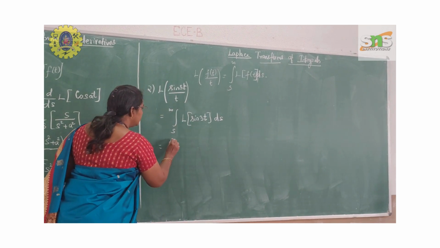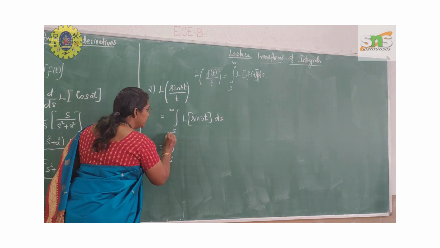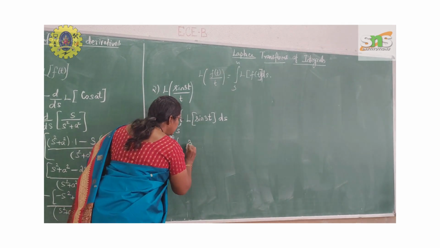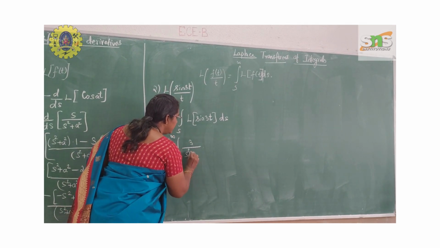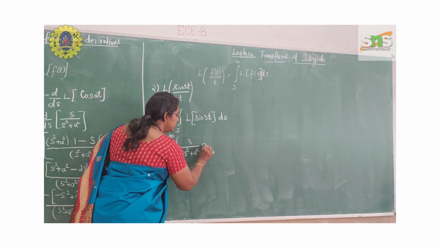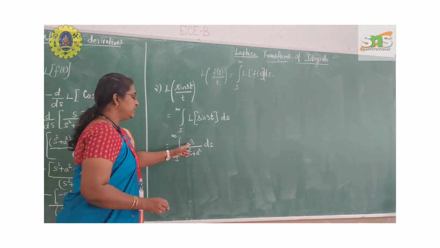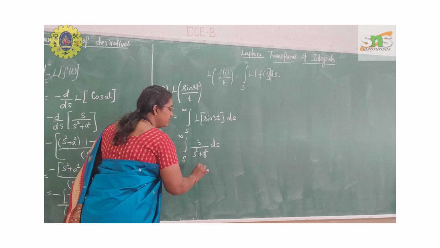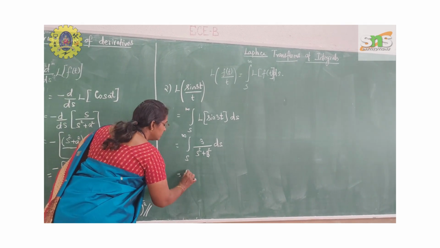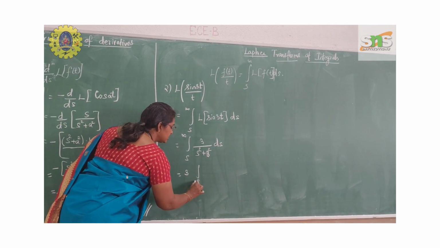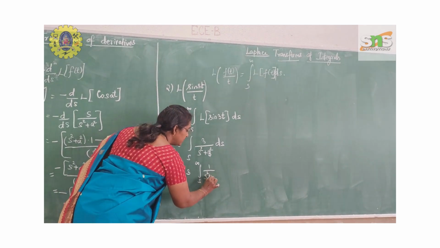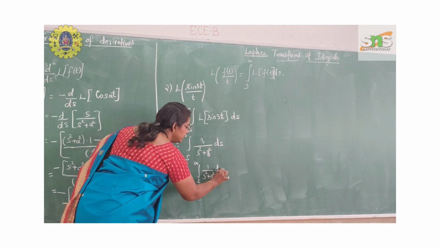L of sin 3t is 3 divided by s square plus a square into ds. Sorry, instead of a we have 3, so s square plus 3 square. 3 is a constant, take it out: 3 into the integral from s to infinity of 1 divided by s square plus a square into ds.